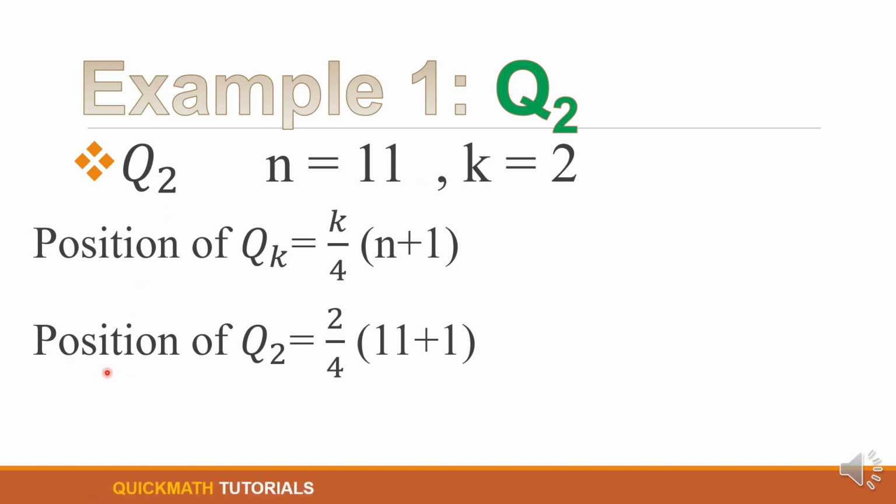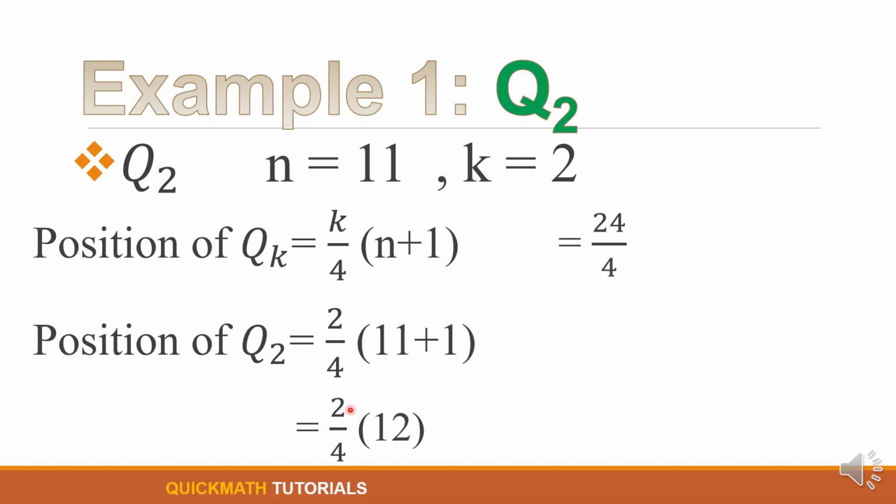So we have the position of Q sub 2, our k becomes 2, which is equal to 2 over 4 times our n, which is 11 plus 1. 11 plus 1 is equal to 12. 12 times 2, we have 24 over 4. And 24 divided by 4 is equal to 6.